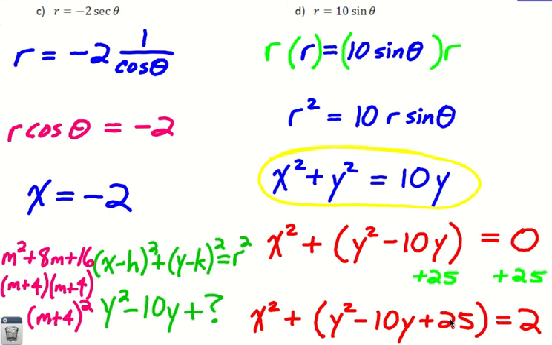Now, quick teaching point here, but it's important. You can't just add 25 into there. But as long as you add 25 to both sides, you're good. You're allowed to add 25 to both sides. And so what happens here?